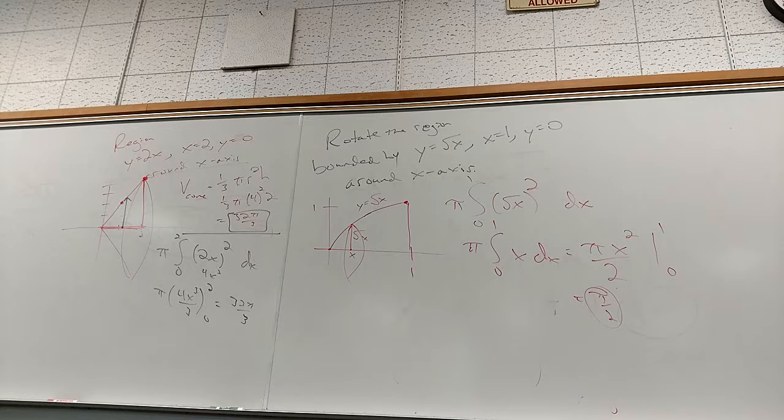So here I'm going around the x-axis, so I know it's going to be integral dx. This is the region I'm going to rotate. What's my radius? X squared. X squared squared. What goes outside? 5. And x is going from 0 to 2. So go ahead and do that real quick.